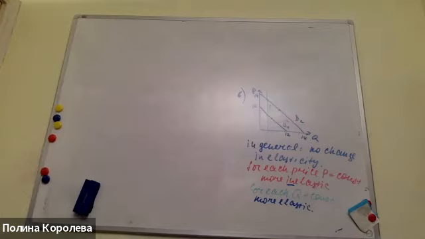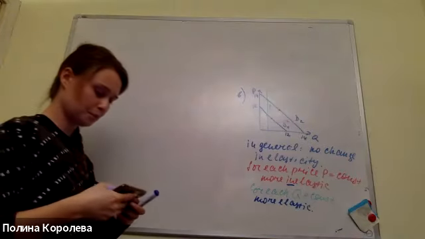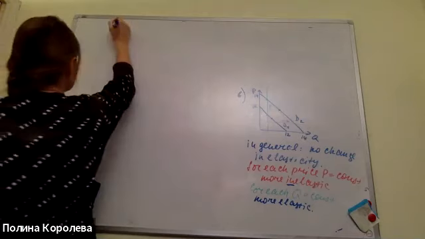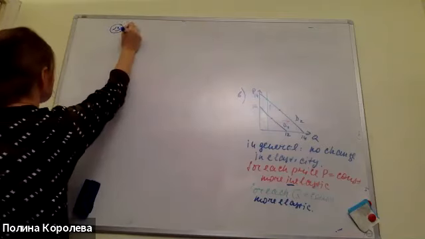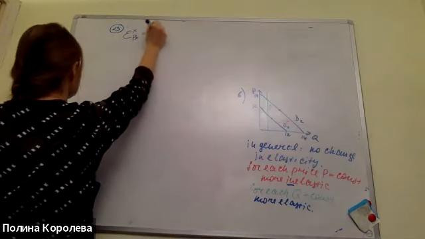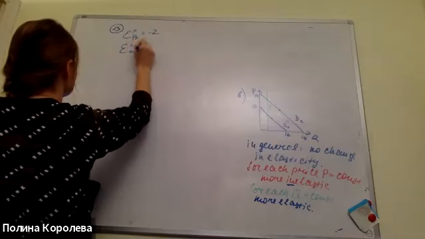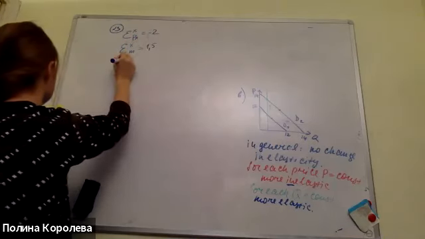So one more task we should do. Number 3. We have different elasticities. Elasticity of good X by its price is -2. Elasticity of good X by its income is 1.5.